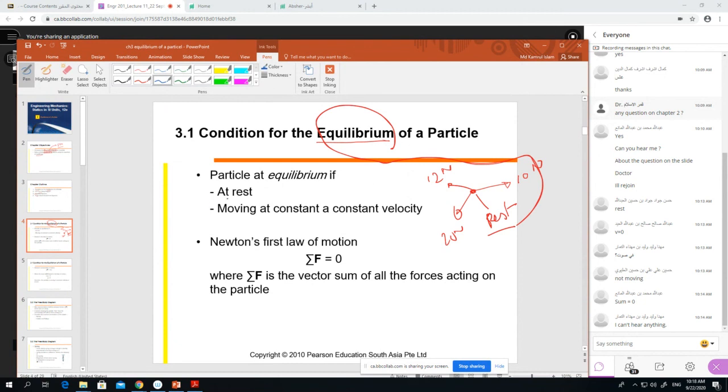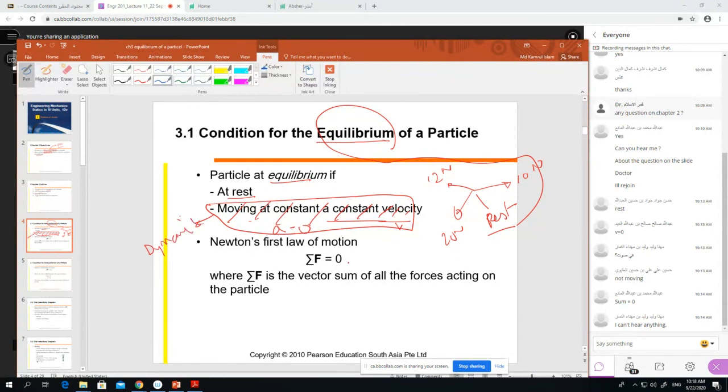Particle equilibrium means it is at rest or moving at a constant velocity. Someone said velocity is 0. Actually no, velocity will be constant and acceleration will be 0. But in this course we are not talking about this. It is the dynamics course, where you learn about this.